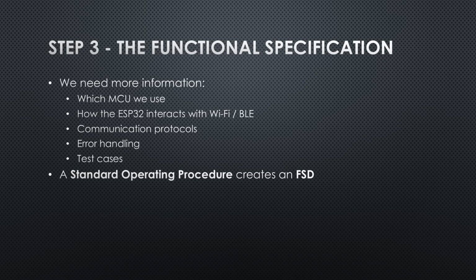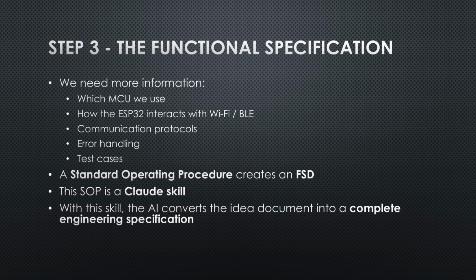And because we live in the age of AI, I implemented this SOP as a Claude skill. Using this skill, the AI reads the idea document and generates a complete engineering specification, including test cases.